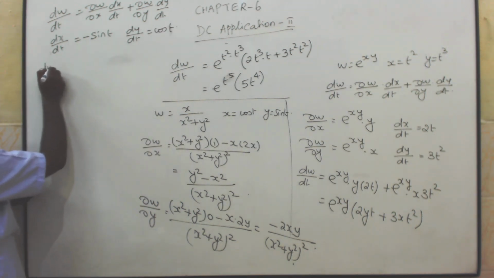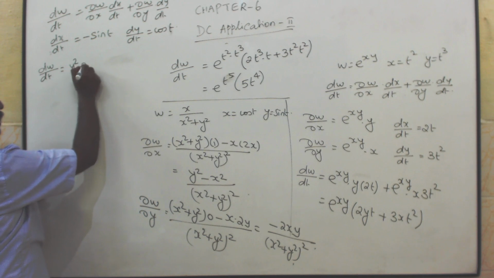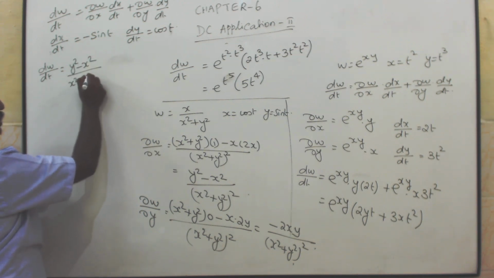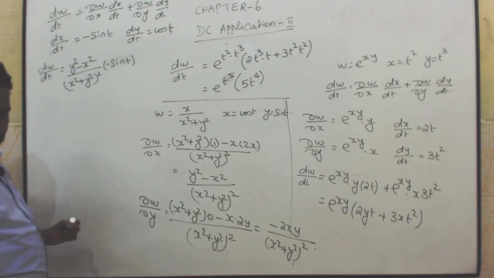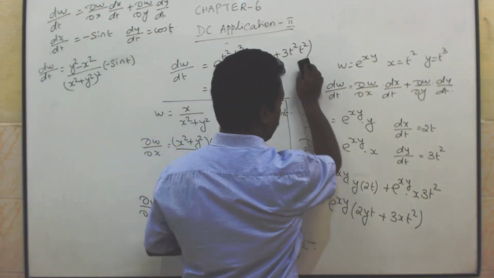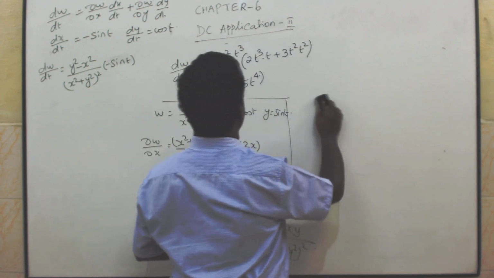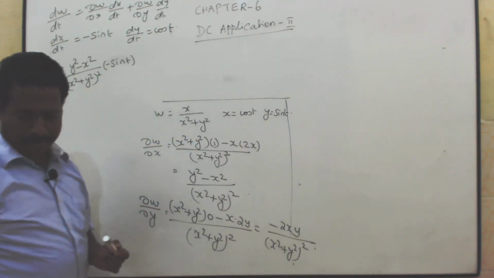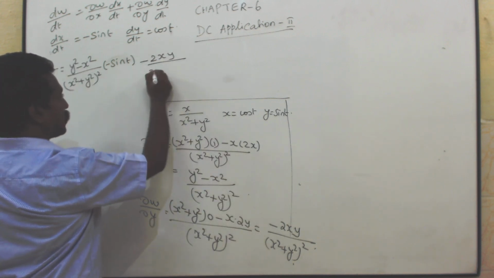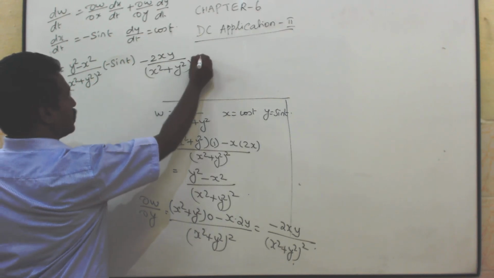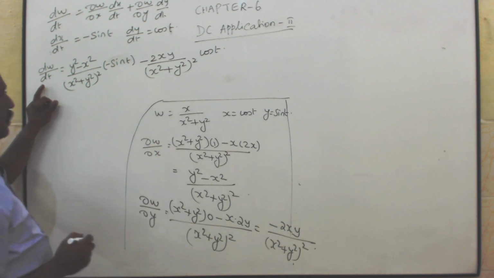Now substitute. dw by dt is equal to dou w by dou x value y square minus x square by x square plus y square of whole square into minus sin t plus dou w by dou y, minus 2xy by x square plus y square of whole square, into cos t. I'll do it here.